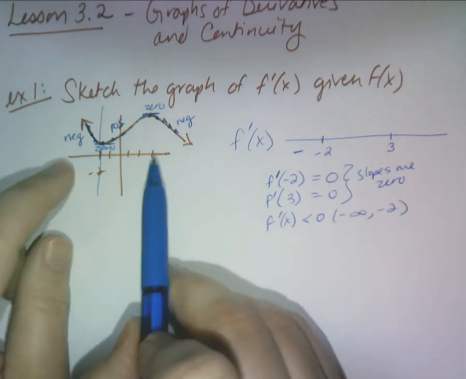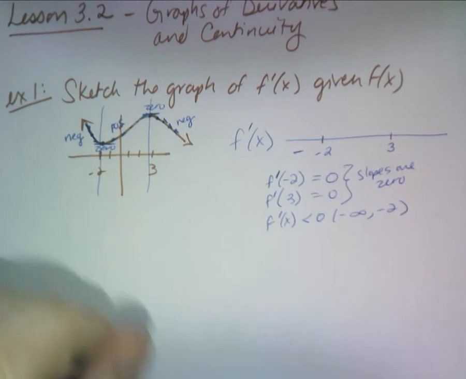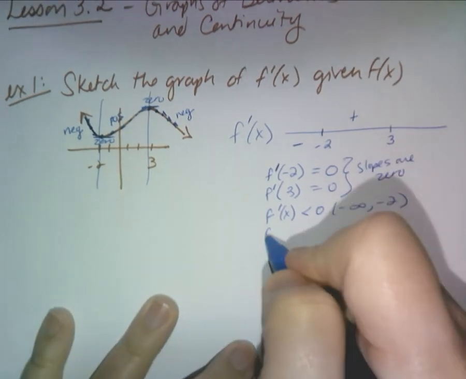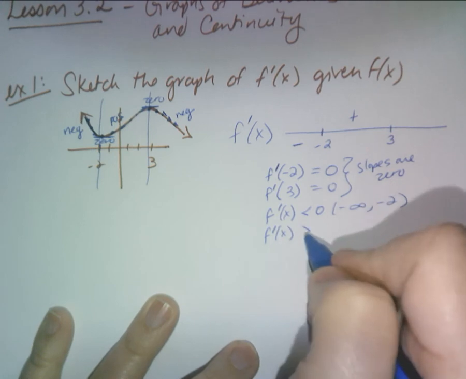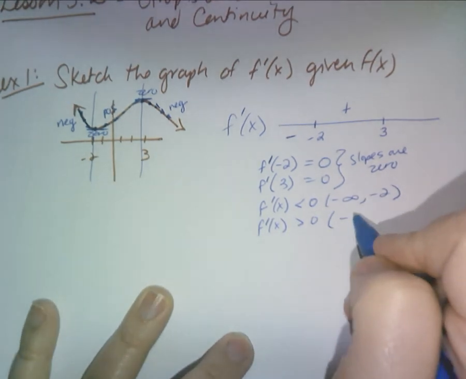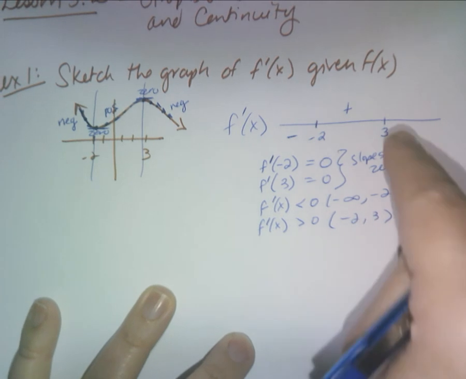But between -2 and 3, what kind of slope did I have? Positive slope. So my slope function was bigger than 0 between -2 and 3. And then what was it after 3?